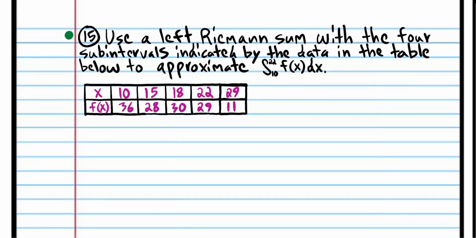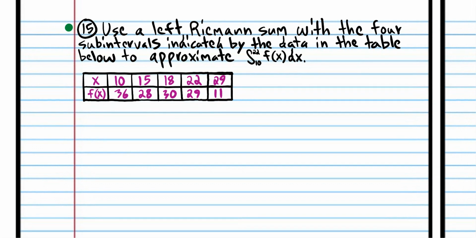You're going to use a left Riemann sum, which means you're going to start with this number. You're not going to start with this number. Okay, so go ahead and try number 15, and when you come back we'll do it together.